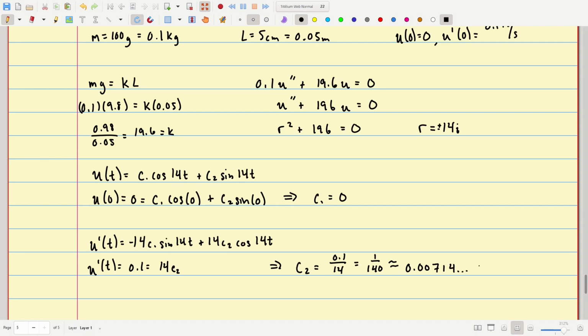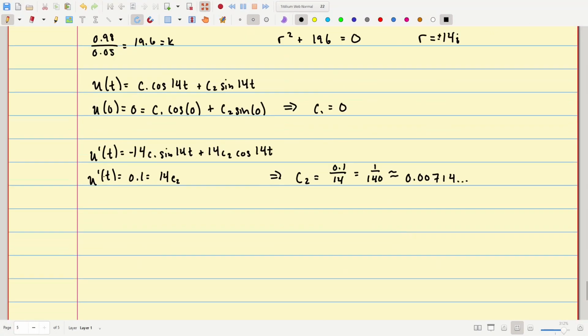And so on. All right. So there we go for this one here. The final answer has the form 1 over 140 here, sine of 14t.